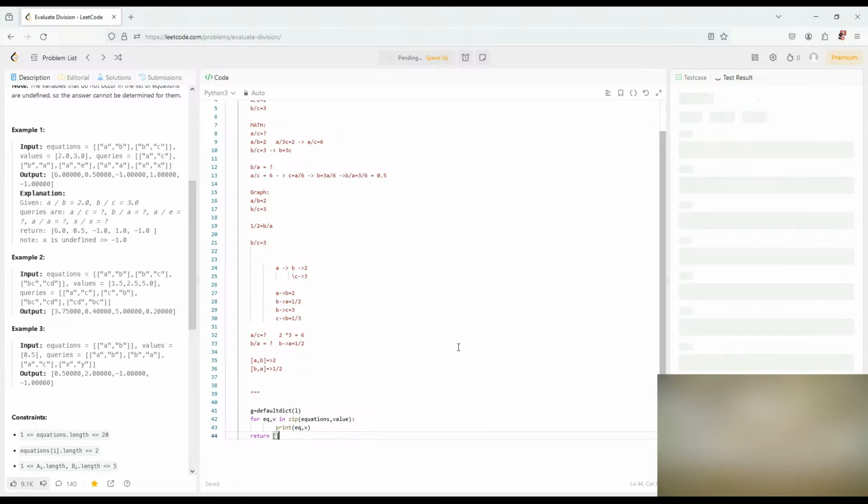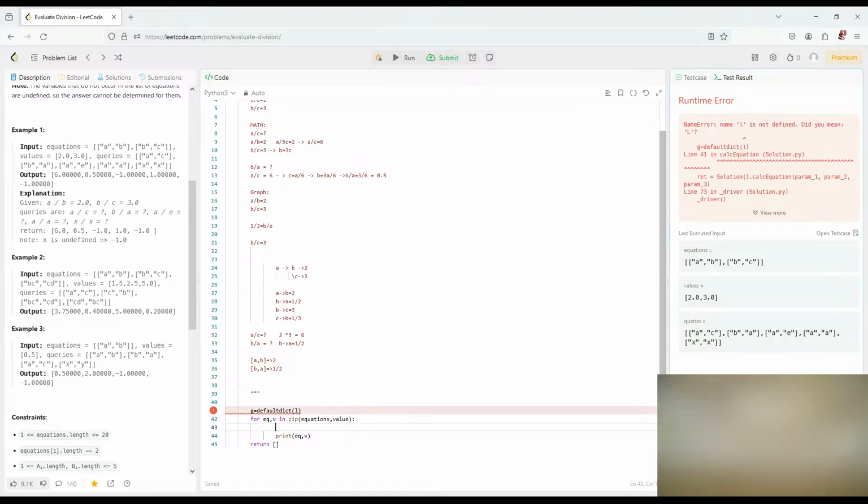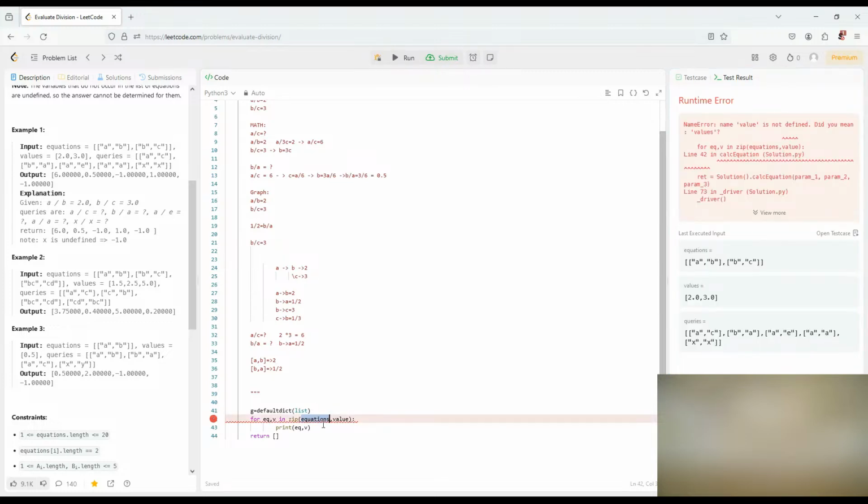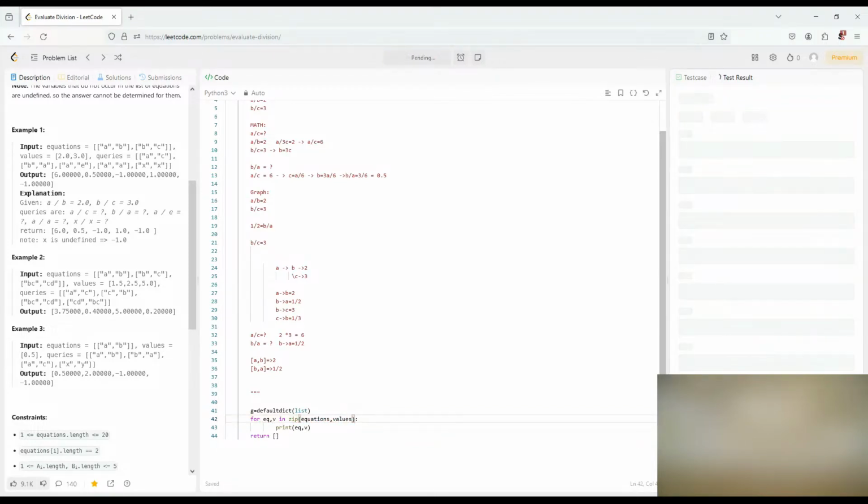So the thing is that we have to build our list, right? Value is not defined. You mean values? Yeah, I mean values, of course.